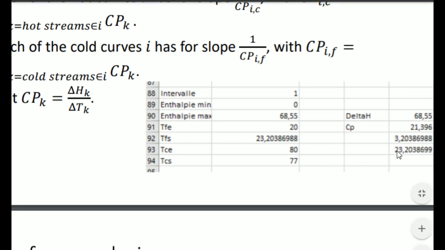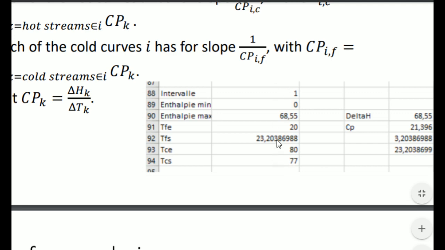So the new value is equal to the inlet value plus the shift in temperature due to the increase of enthalpy, that is equal to 23 degrees. And then we get our temperature TFS. And we can automate this process by just copy pasting this block. So I made this block and I copy paste it, and I can have a full sheet with all my temperatures.